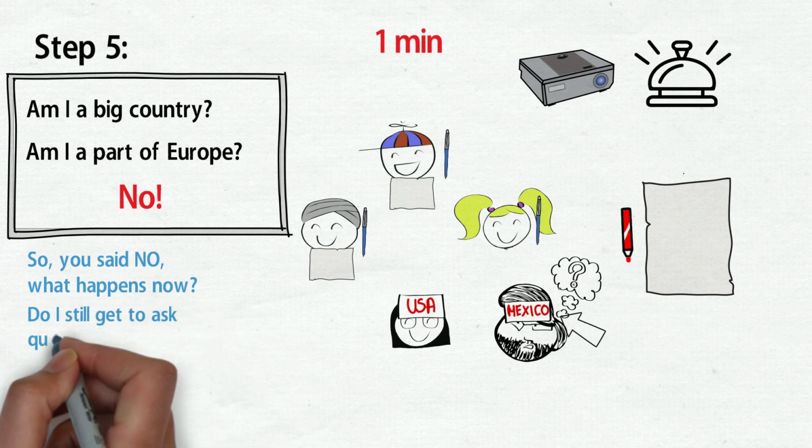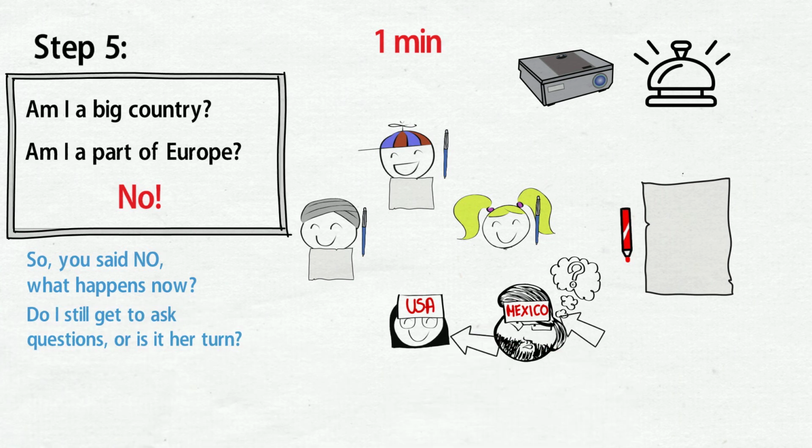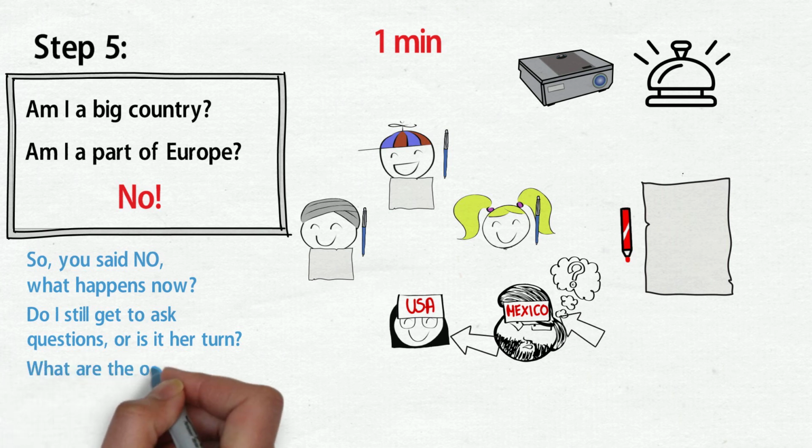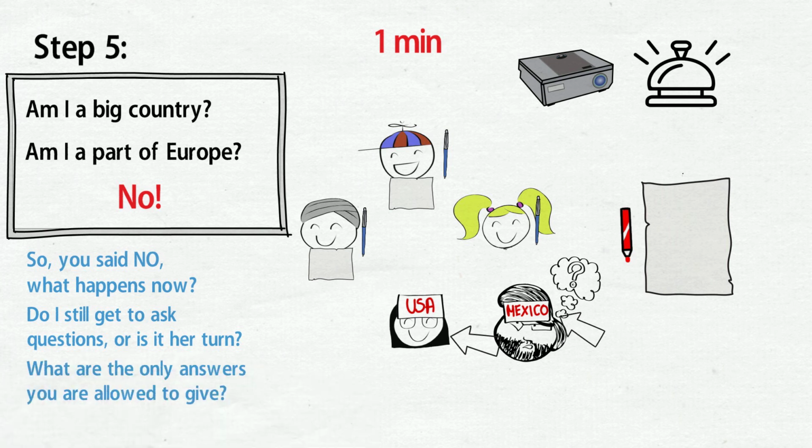Do I still get to ask questions, or is it her turn?" "It's her turn." Also, don't forget to ask them the most important question. What are the only answers you're allowed to give? "Yes and no."